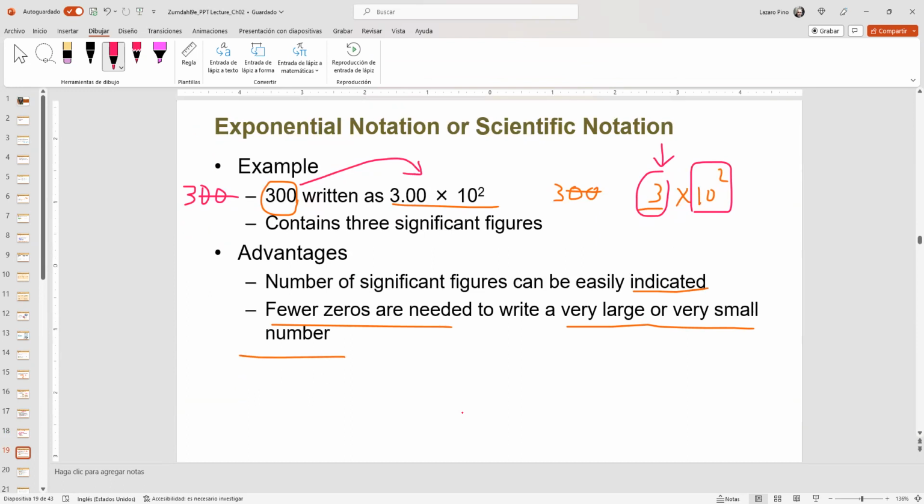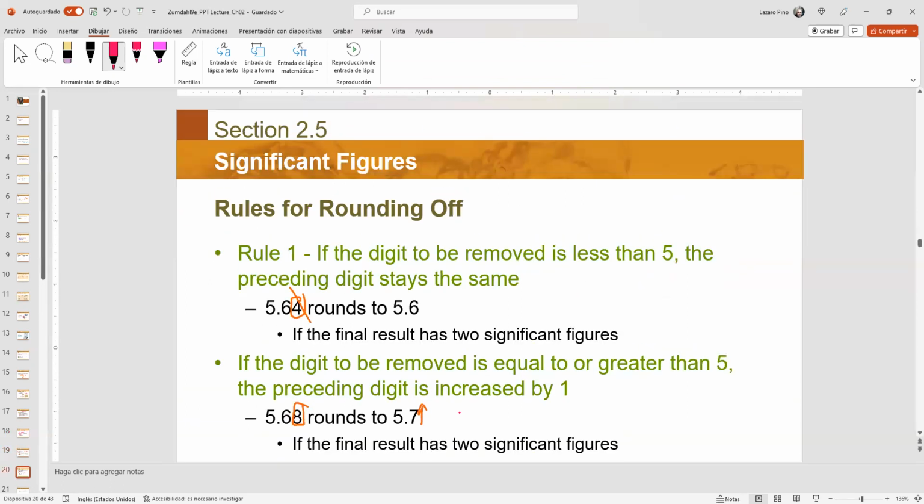Well, for example, when you are rounding up or rounding off, if the first number that you are going to skip is lower than 5, you round off. Then you consider that 5.64 is 5.6.